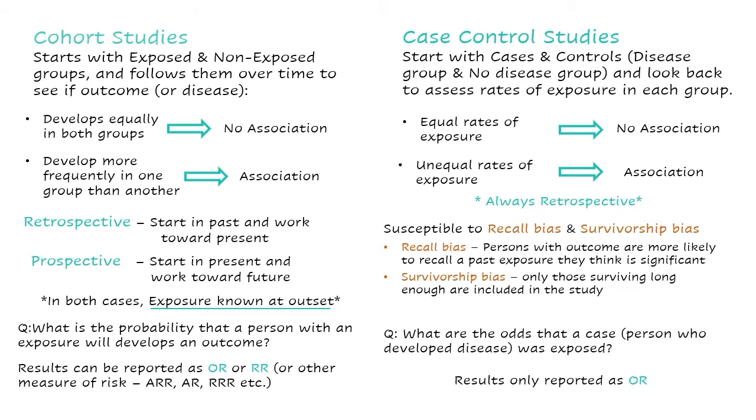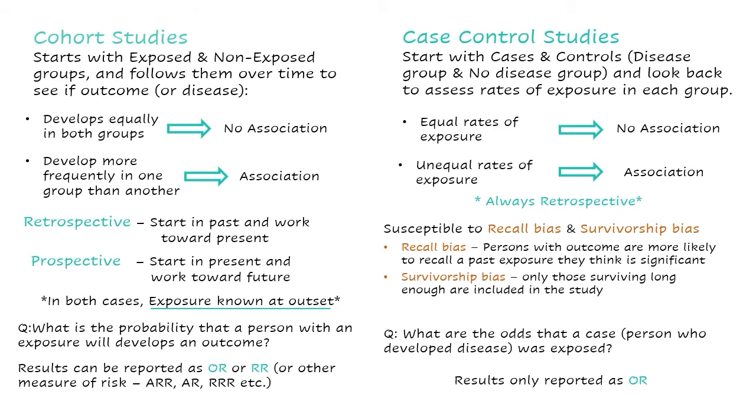Now, for case control studies, we start by identifying our cases and controls at the outset, and then, looking backward in time, measure and compare rates of exposure in and between the groups under study. And this comparison is done with the intention of seeing if an outcome and an exposure have a significant association.